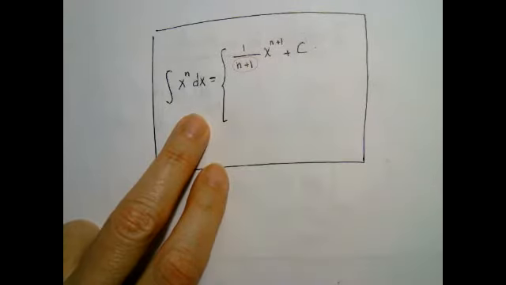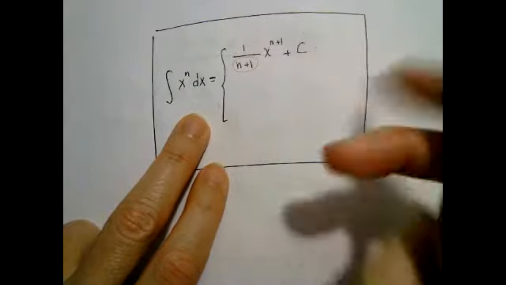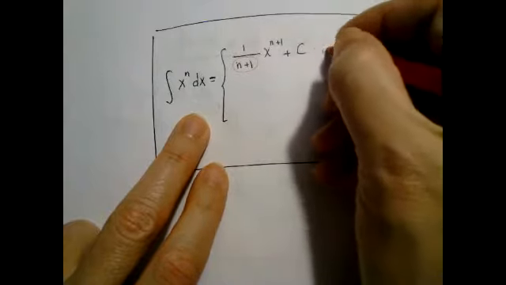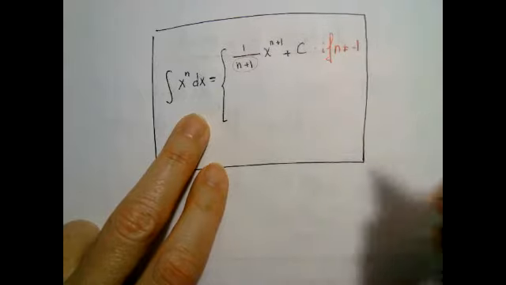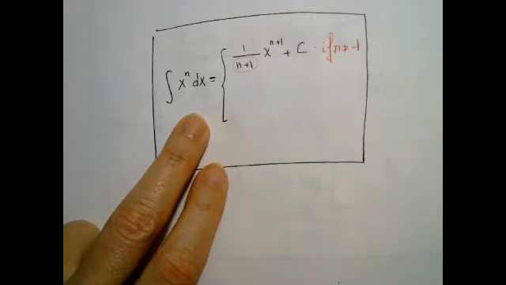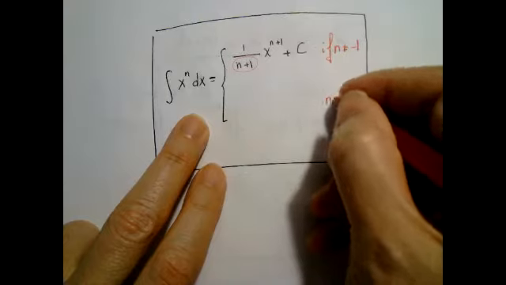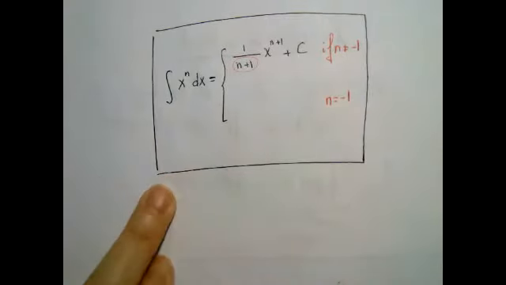So this is going to be the rule as long as n is different than minus 1. Because if I put minus 1 here, this is nonsense. So now the question is, what happens if n is equal to minus 1?